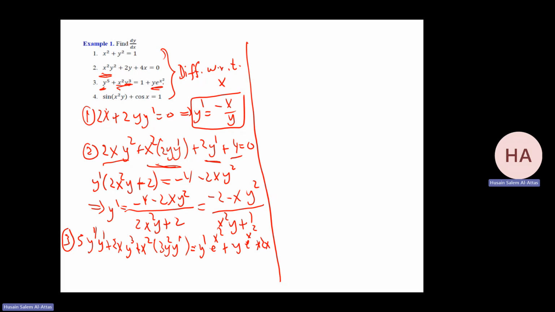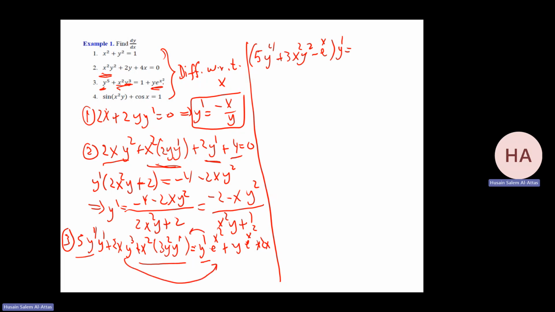So I have 5y to the power 4. This is with y prime. Also this one with y prime, plus 3x squared y squared. And this is y prime on the other side, so I return it back. That will be minus e to the power x squared. All of this times y prime equals. What will be the other side? I'm taking this side, I'll take this to the other side.